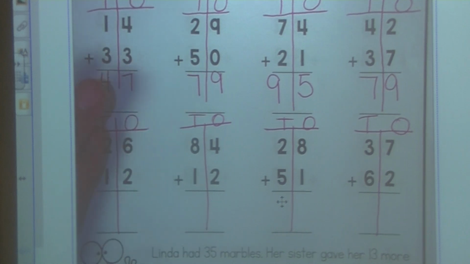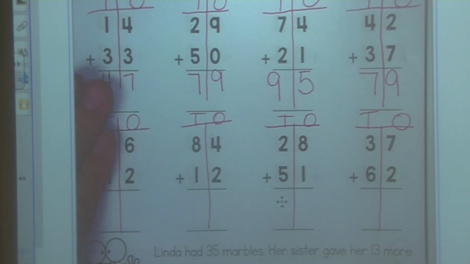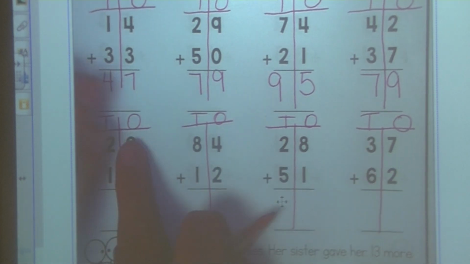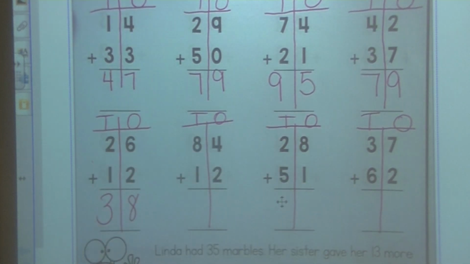Tens always hide. It's very important that the tens do not go first. 6 plus 2 equals 8. 2 plus 1 equals 3. Your answer should be 38. Check your work.